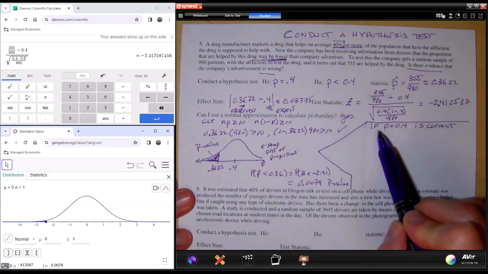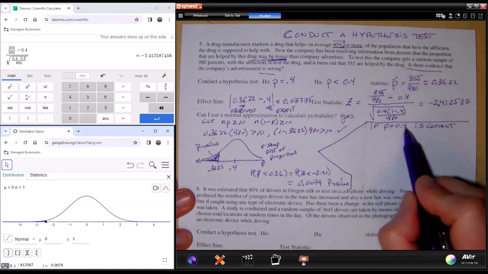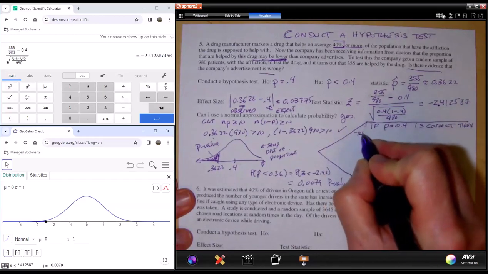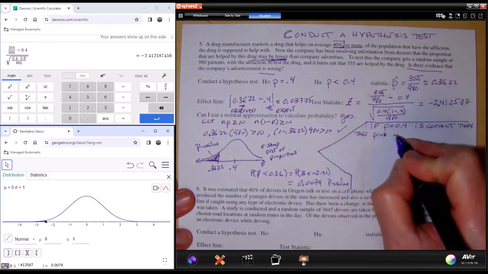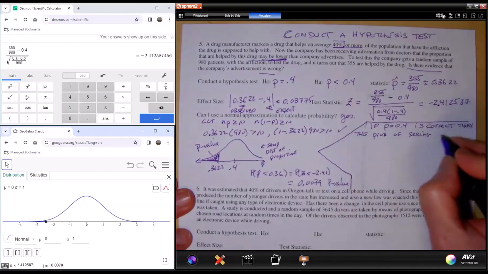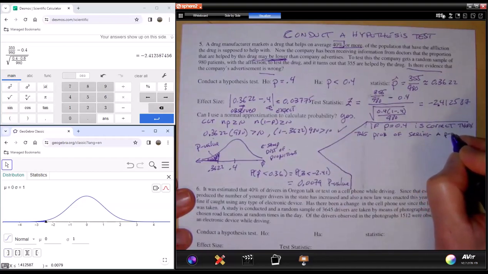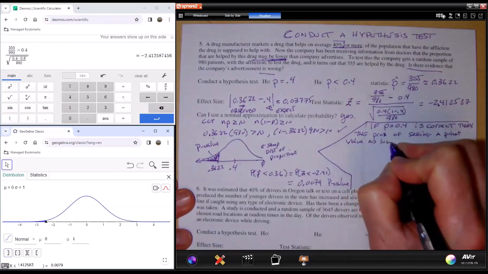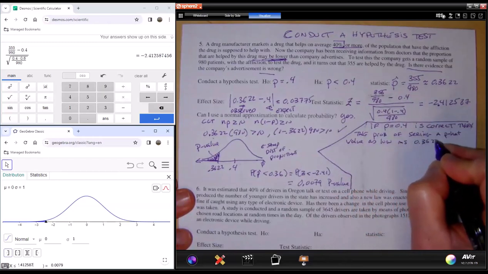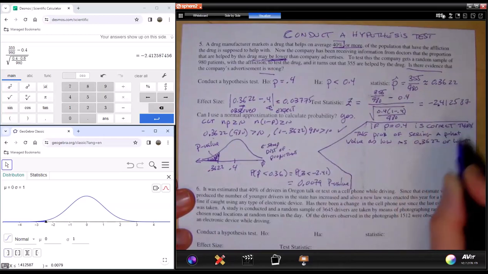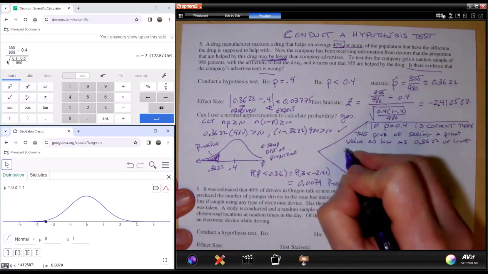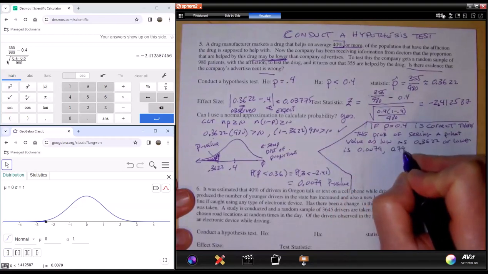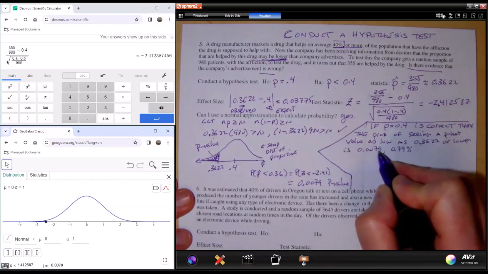So if the null hypothesis of proportion being 40% is correct, then the probability of seeing a p-hat value or sample proportion as low as 0.3622 or lower, this is the extreme part, so the one we observed or even something lower, is 0.0079 or 0.79%. Again, I'm multiplying this by 100 so I can turn it into a percentage.